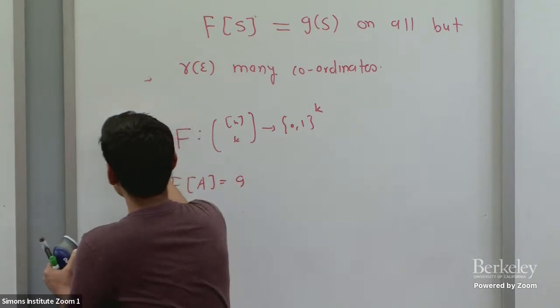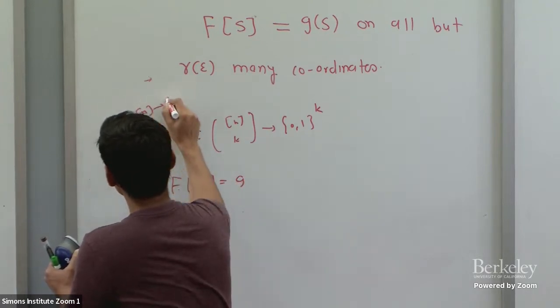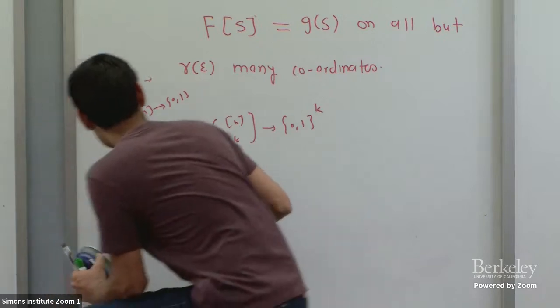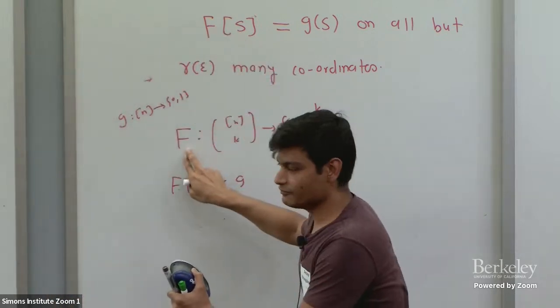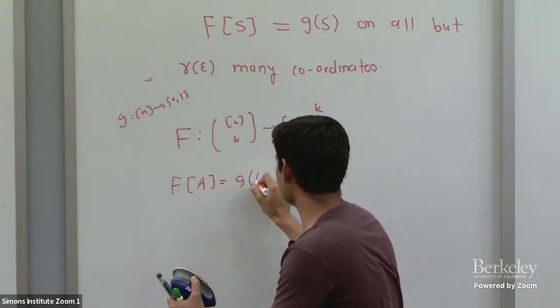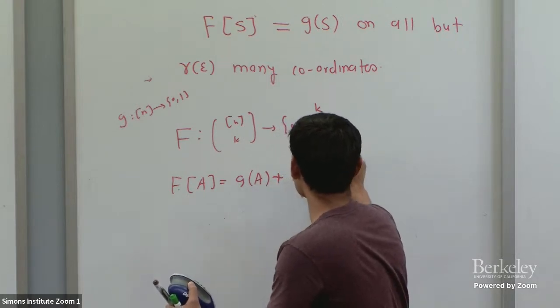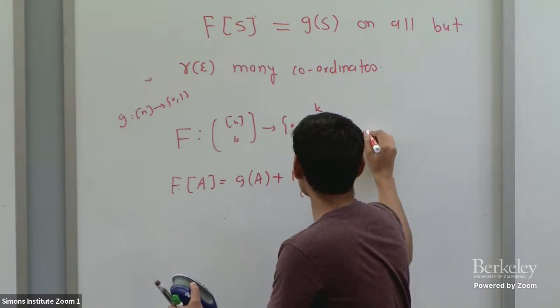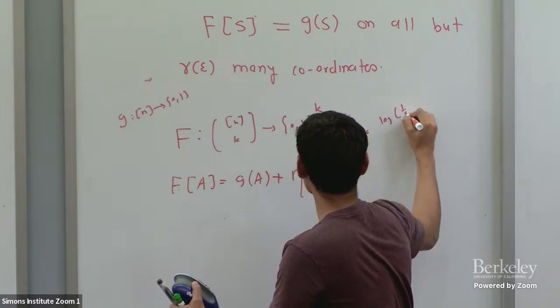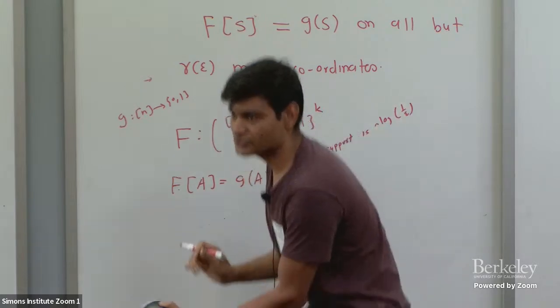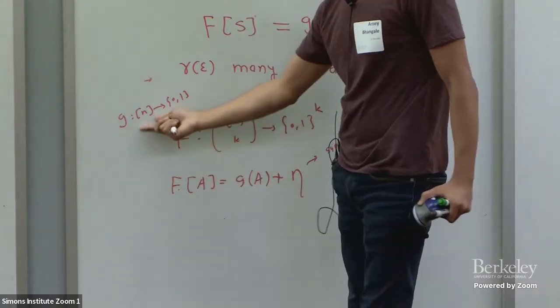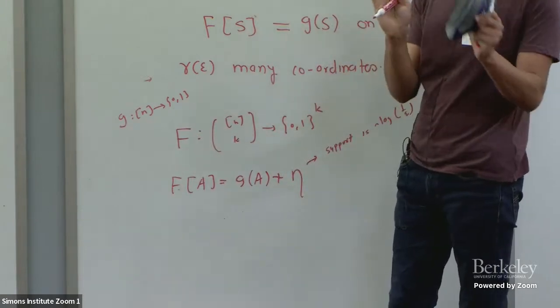You fix some global function g. Now I'm defining the table f, which is really g at A plus a little bit of noise, which is a string from {0,1}^k whose support is some log 1 over epsilon. I'm just setting this table according to some global function, but I'm adding some small Hamming weight noise in it.